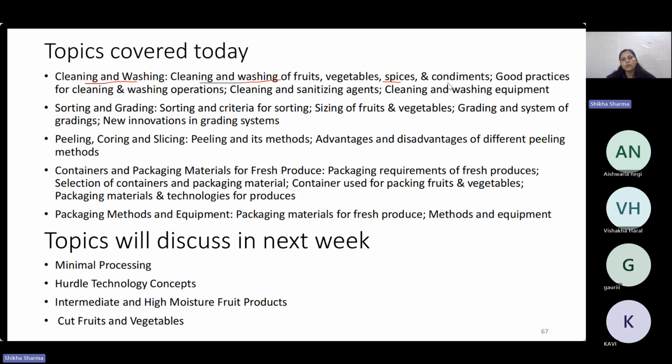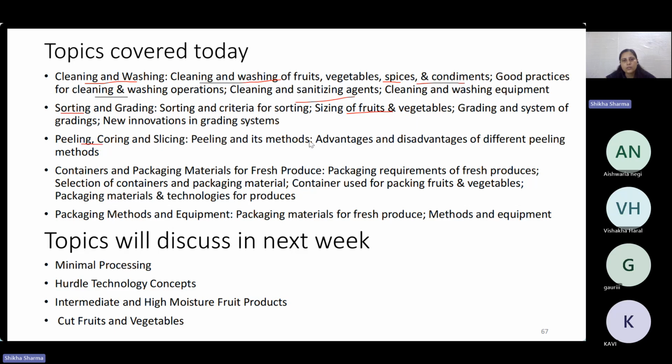Then we discussed the cleaning of spices and condiments, and the good practices we should follow. We also discussed sanitizing agents, and sorting and grading processes like sizing of foods, and different graders and separators in the cleaning process.